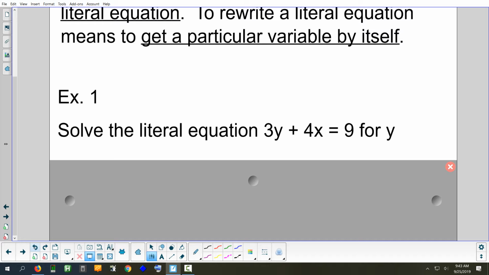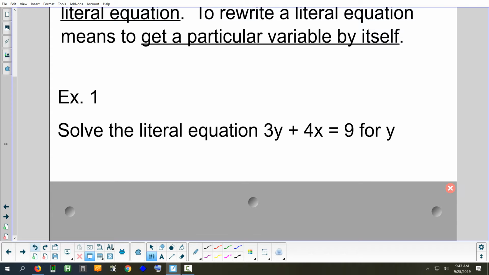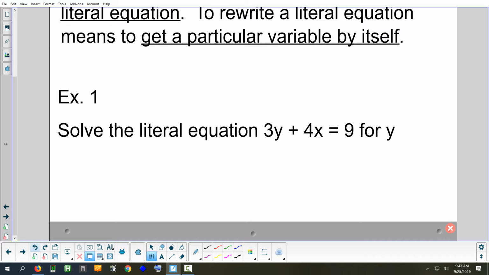There's no distributive property here. Is there any like terms? No. What's the next thing in SAM? Add and subtract. Is there any adding or subtracting we can do? Yes. How about Lucas?